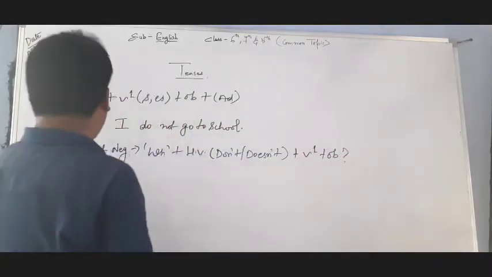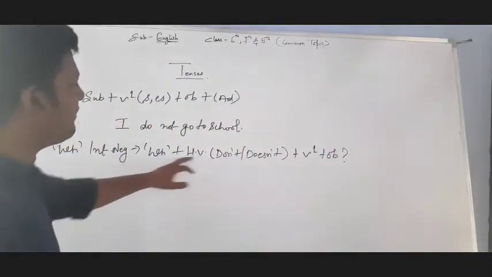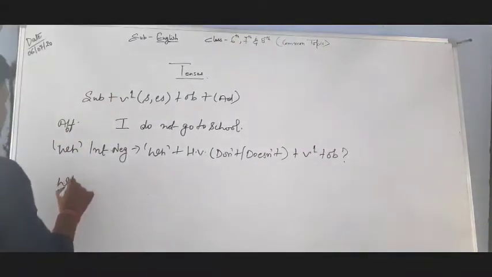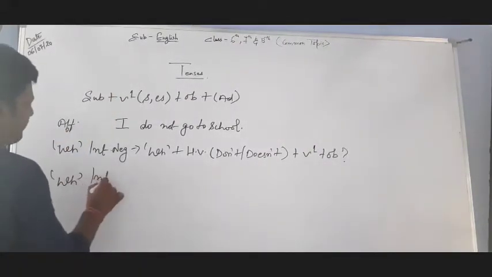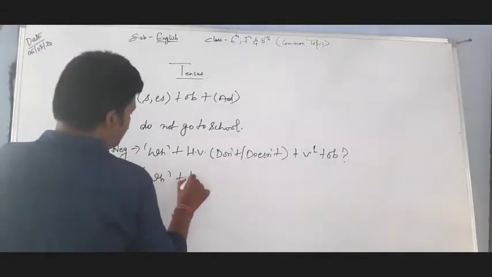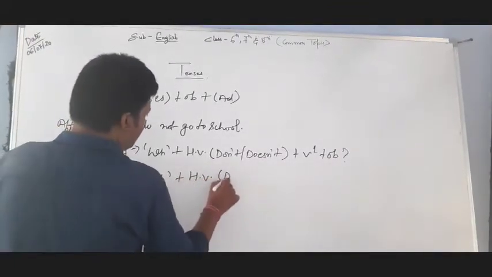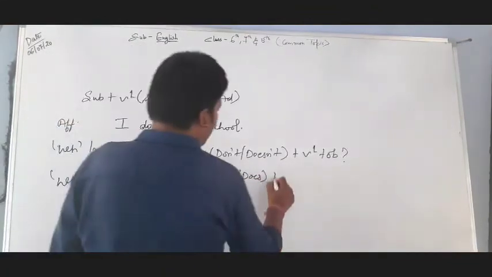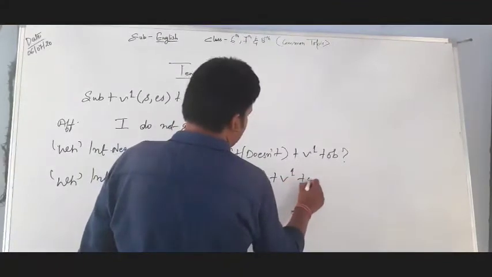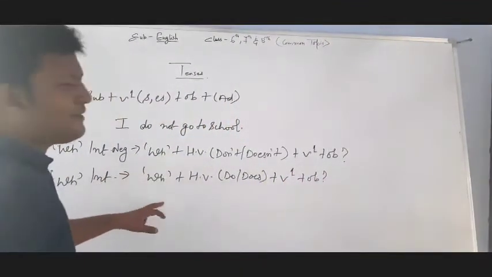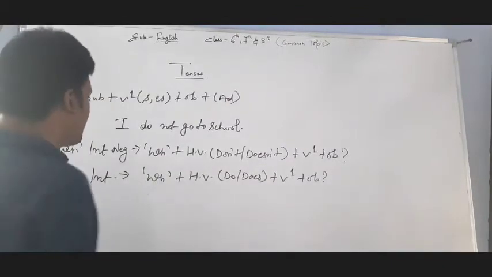So if I write WH word interrogative negative, I choose don't and doesn't. If I want to write WH word interrogative only, then I would write WH word plus helping verb plus subject plus verb first form plus object. So with the negative structure I am writing an example for you.